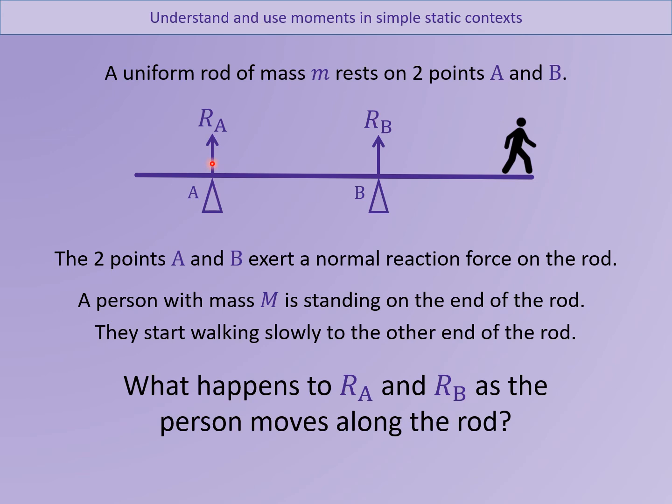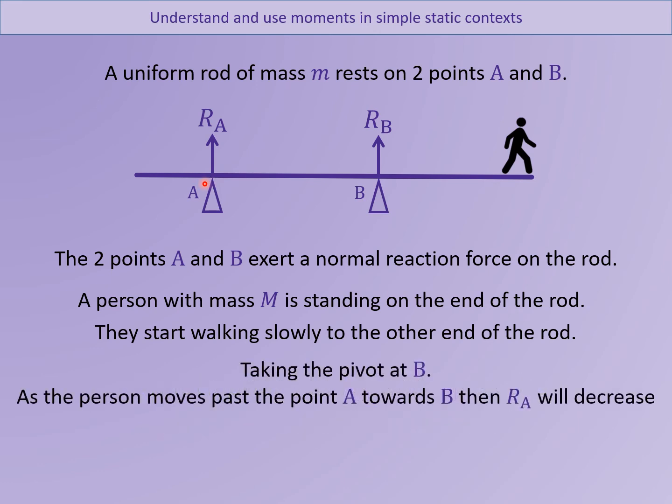But as he walks along and gets to B, the value of RA is starting to decrease because B is taking more of the mass. And as he goes past RB, now still carrying on, more of his mass is affecting B, less is affecting A.